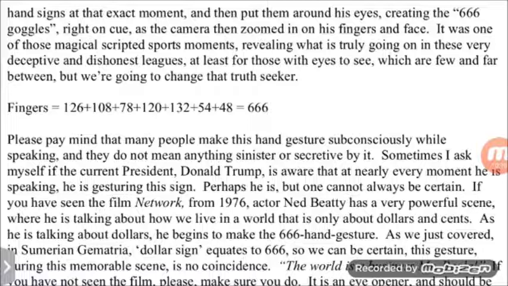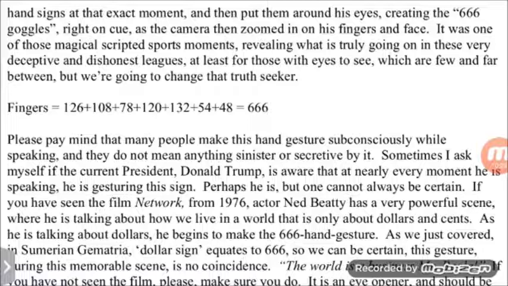It was one of those magical scripted sports moments, revealing what is truly going on in these very deceptive and dishonest leagues, at least for those with eyes to see it, which are few and far between. But we're going to change that, truth seeker.